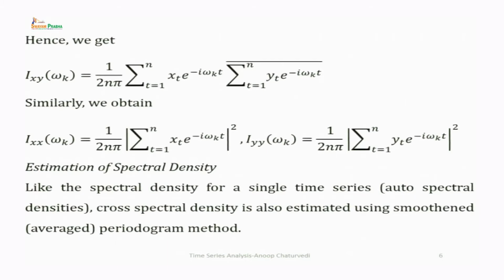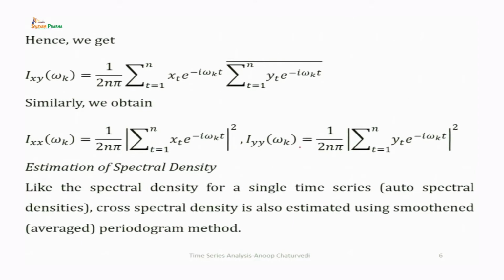In a similar manner, you can also obtain the values of I x x omega_k and I y y omega_k, or you just look at this expression, you replace y by x. So, you get I x x omega_k equal to 1 upon 2 n pi, summation t x_t e to the power minus i omega_k t, and then you take mod of this and square of this mod.